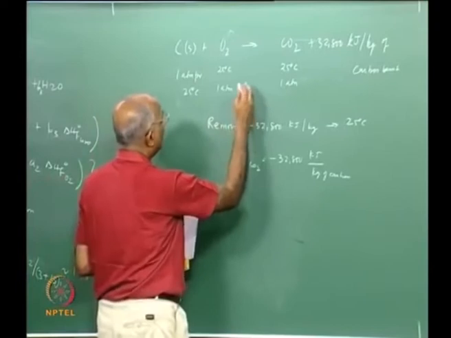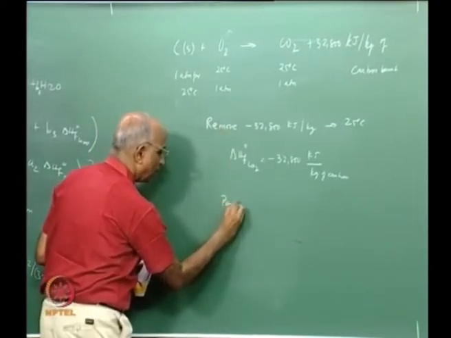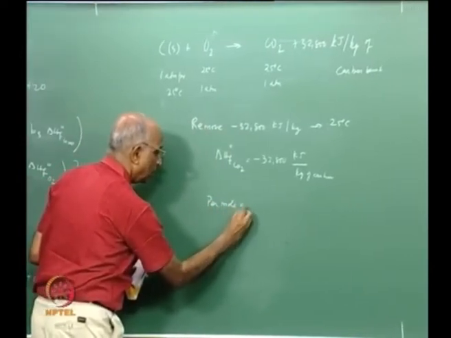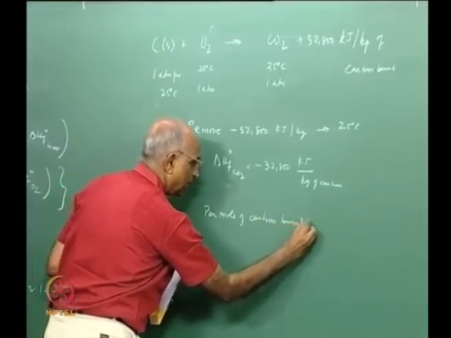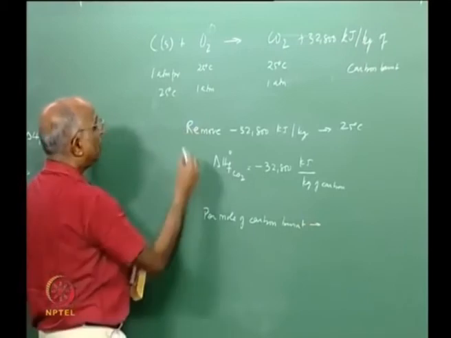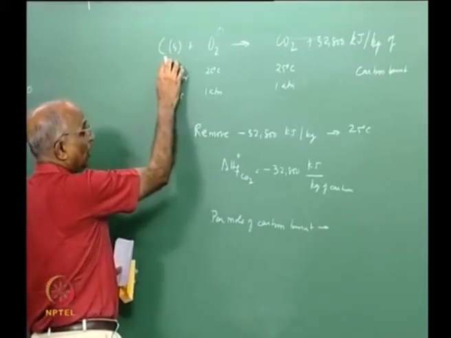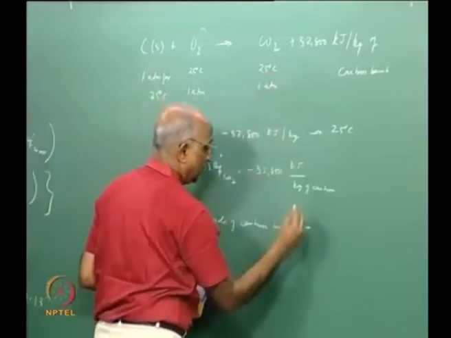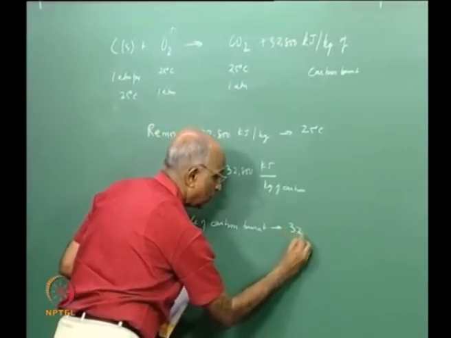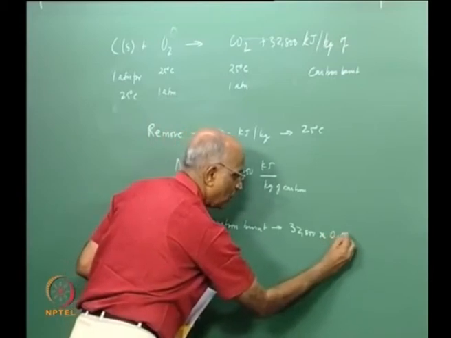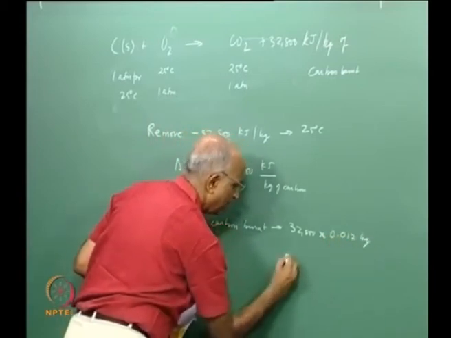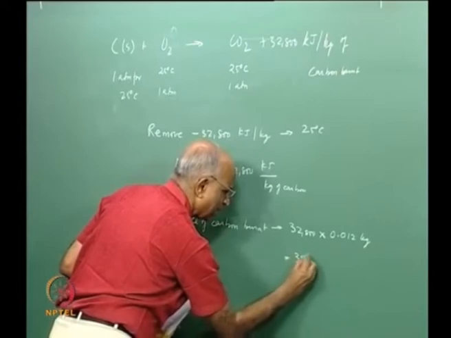What I say is, per mole of carbon, the energy which is released is equal to, 1 mole of carbon has a mass of 12 grams, and therefore the heat release is equal to 32,800 into 0.012 kilogram, which is something like 397.